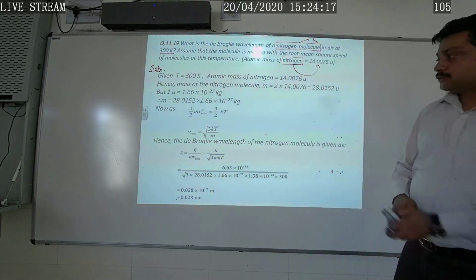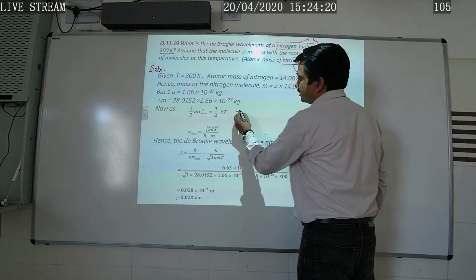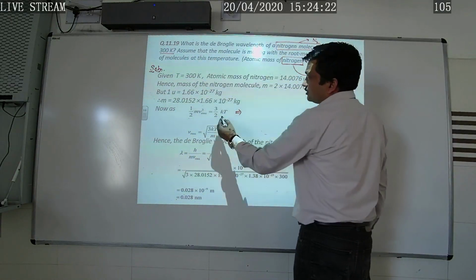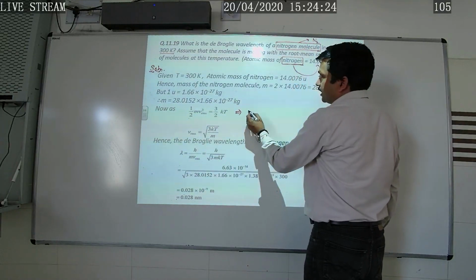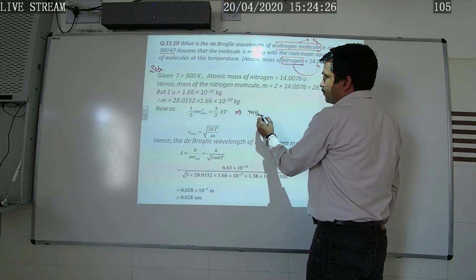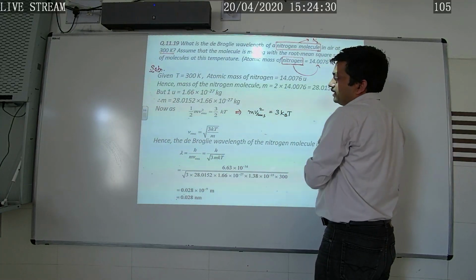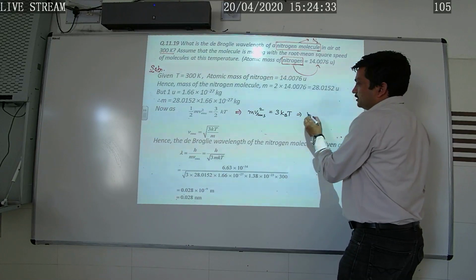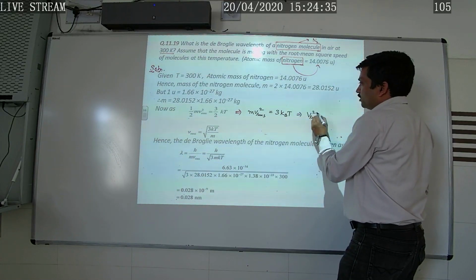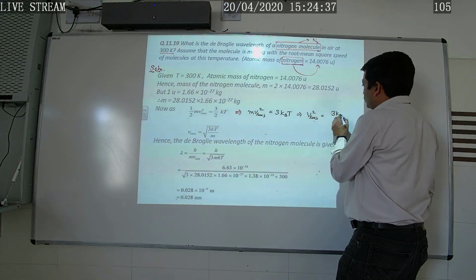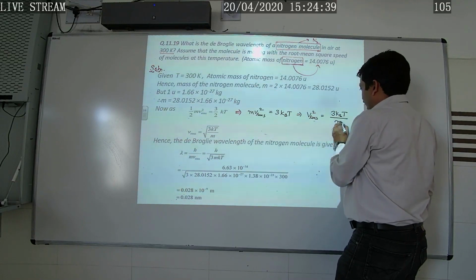Solving it, the 2 and 2 get cancelled out. We get m v_rms squared equals 3 kBT, which implies v_rms squared equals 3 kBT over m.